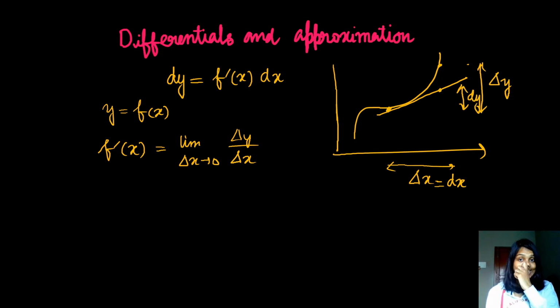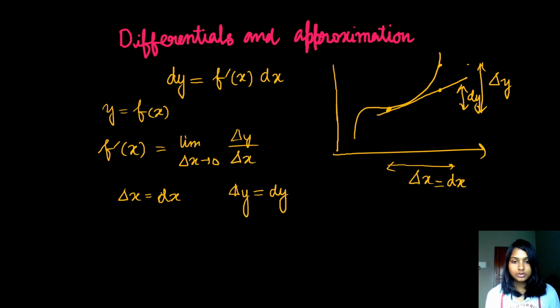So these dx and dy are the approximations, or they are the differentials. This is the differential of x and this is the differential of y. So what we can do is always write delta x equals dx, and for very small delta x or dx, we can write delta y equals dy.